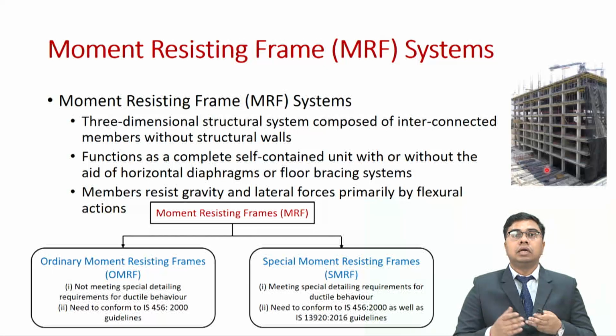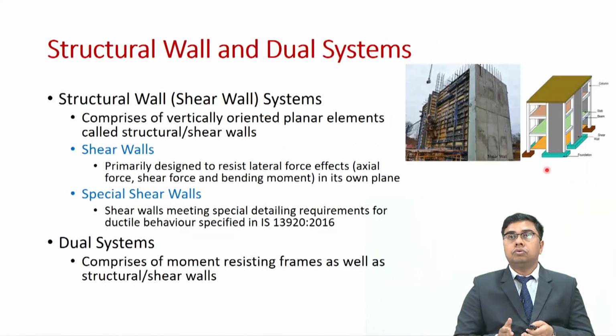So that was our capacity based design or the hierarchy of collapse, which we discussed last week as well. Now when it comes to structural wall or shear wall systems, again we want a ductile mode of failure, which is the flexural or bending failure of these walls. We do not want shear failure to happen in these walls because that is a brittle mode of failure.